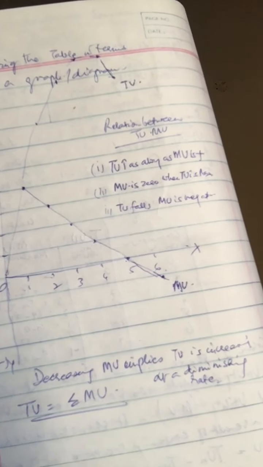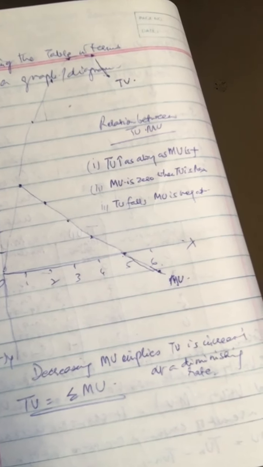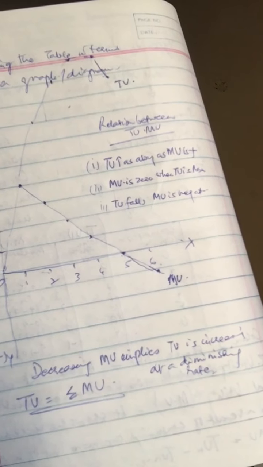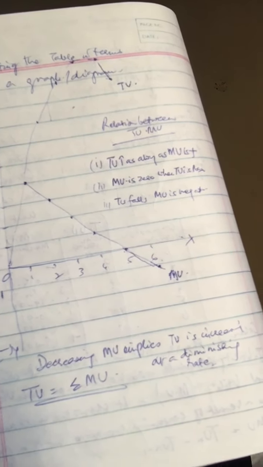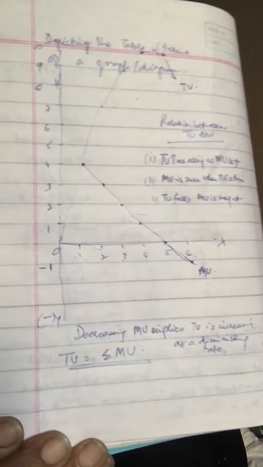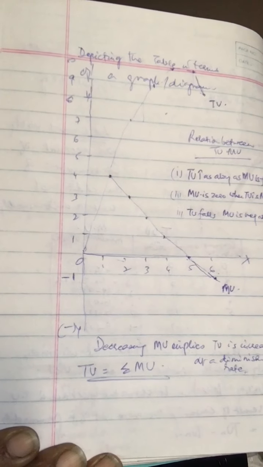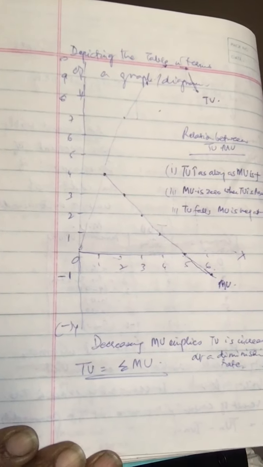Ultimately, marginal utility becomes negative. So initially it is positive, then it becomes 0, and after that it becomes negative. Initially total utility increases but at a decreasing rate, so marginal utility is falling but positive.